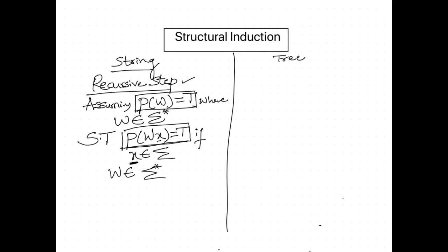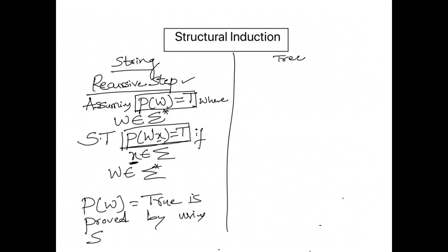If I can show this P of Wx is equal to true, then what is verified? The recursive step is verified. So once the recursive step is verified, the propositional function P of W is equal to true is proved by using structural induction.